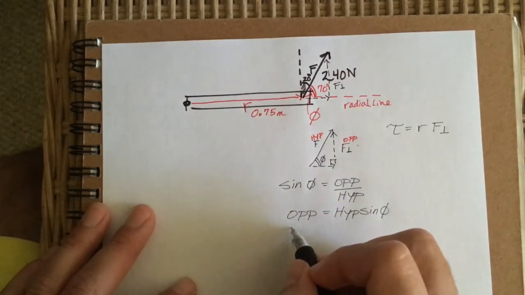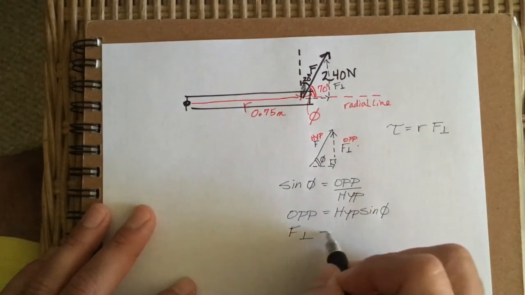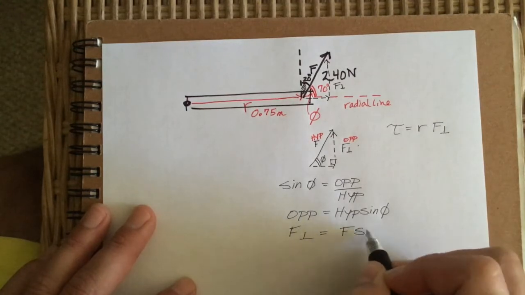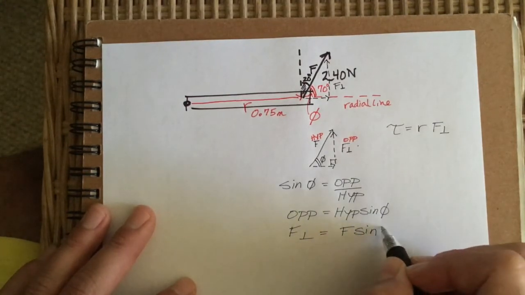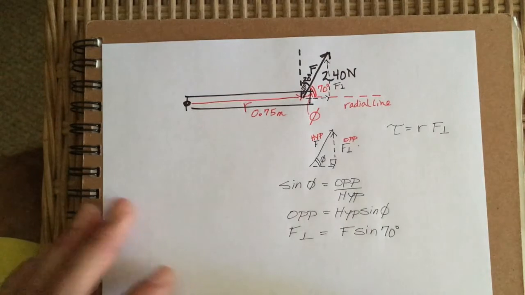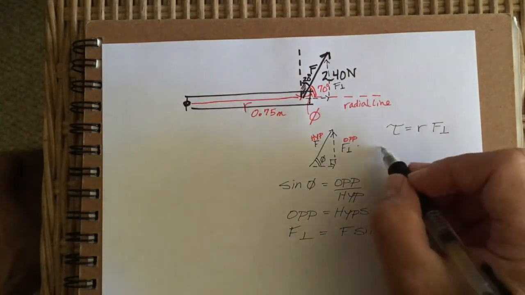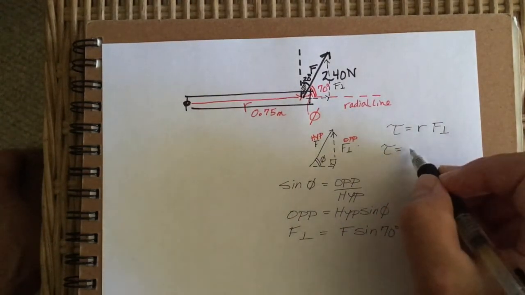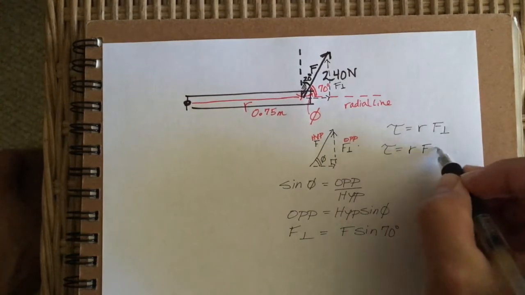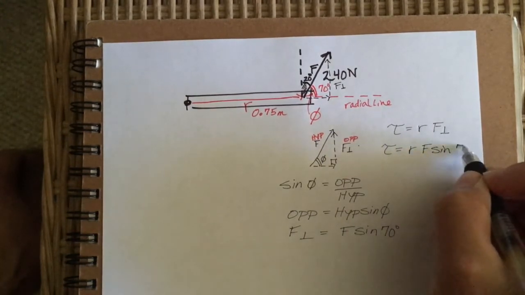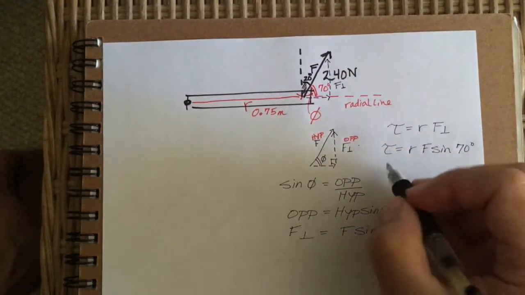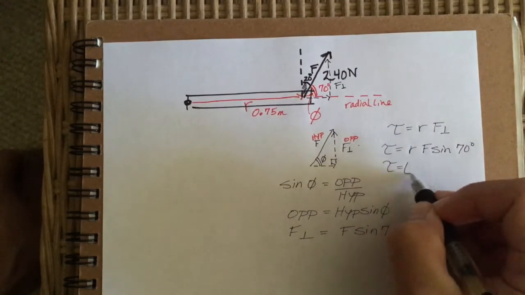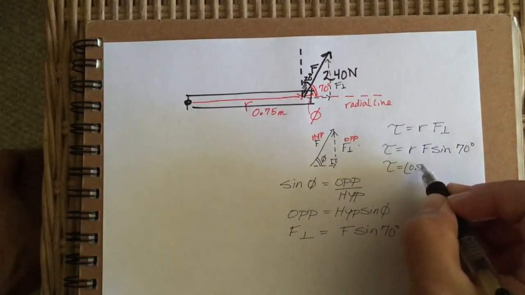And that's the same as saying F perp, which is the opposite, is equal to F sine of 70. So coming up here, we can say torque is equal to R F sine 70.